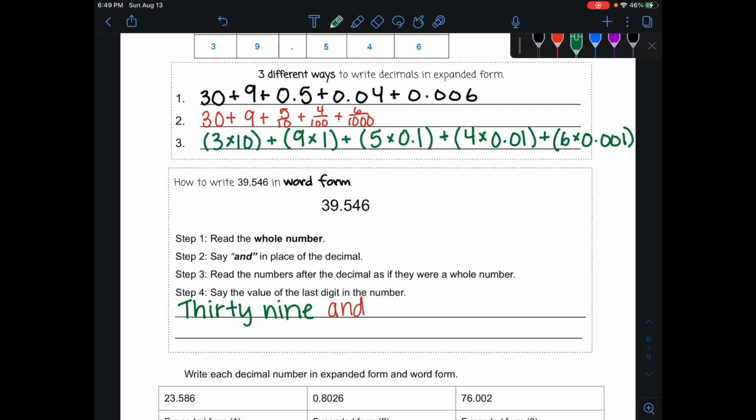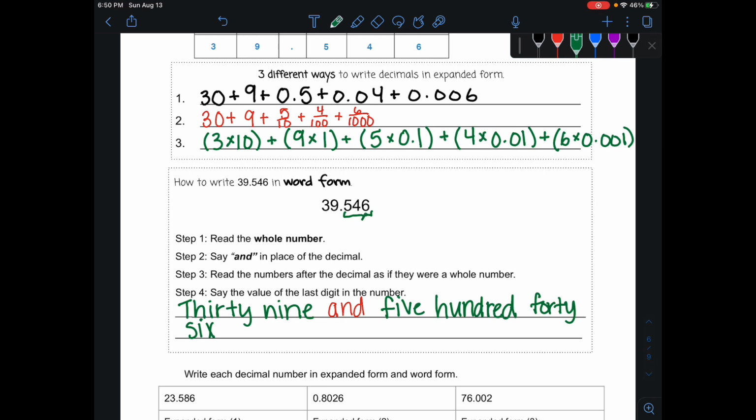Step 3, read the numbers after the decimal as if they were a whole number. So we're going to read this as 546. And then the last step is very important. So you have to say the value of the last digit in the number.